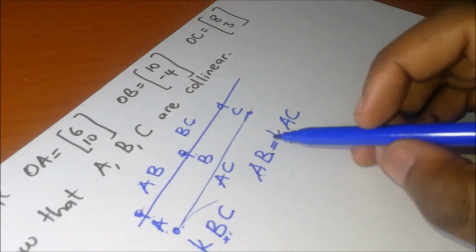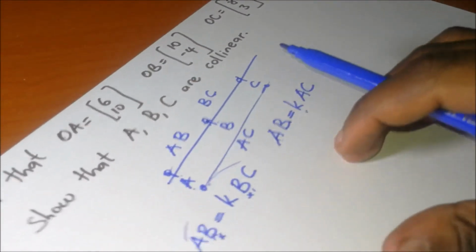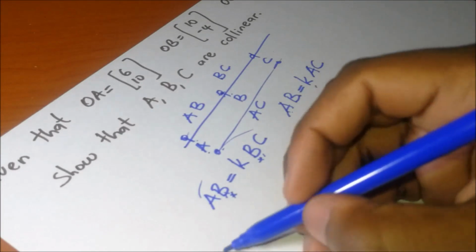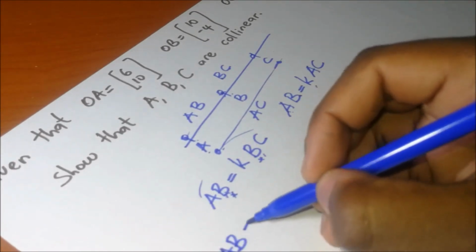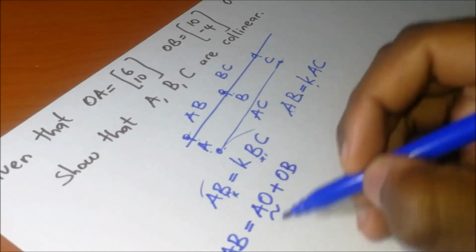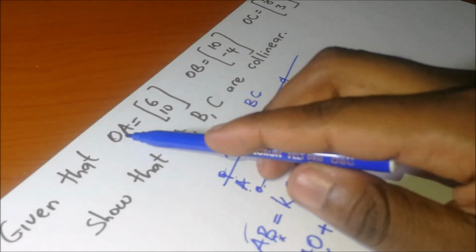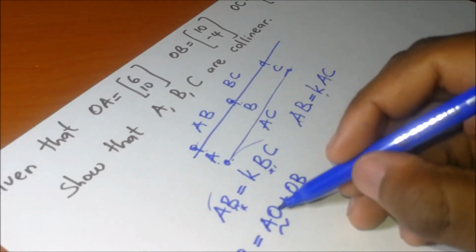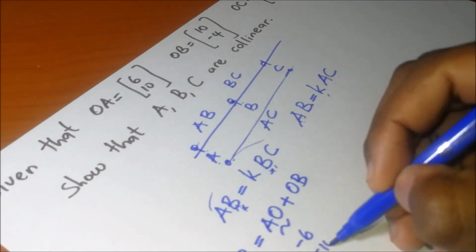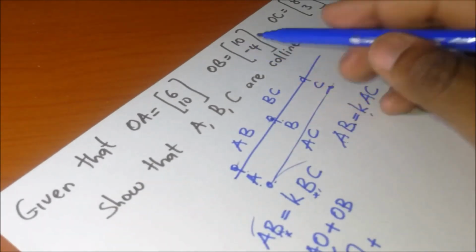So now what is AB? Again, we have our position vectors there. Let's try and first find AB. So we look at AB giving us AO plus OB. What is AO? We have OA as (6, 10), so AO is (-6, -10), plus OB, which is (10, -4).